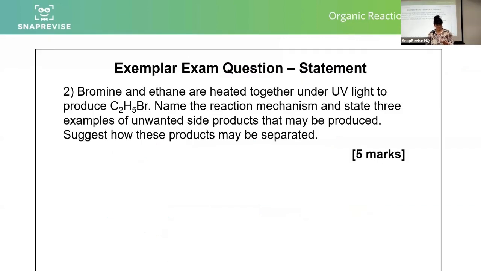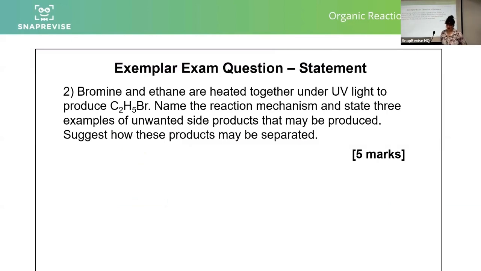Okay, let's have a quick go at this one. I'm not going to give you too much time to do it because I'm very aware that I could easily run out of time going through all of this stuff. Bromine and ethane are heated together under UV light to produce C2H5Br. Name the reaction mechanism and state 3 examples of unwanted side products that may be produced.